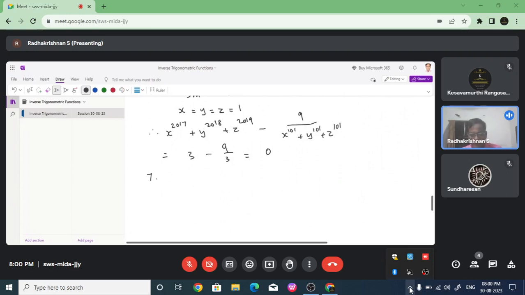Seventh, right? Cot inverse of x equal to 2 pi by 5, for some x, okay, with a real value. Then what is tan inverse of x?